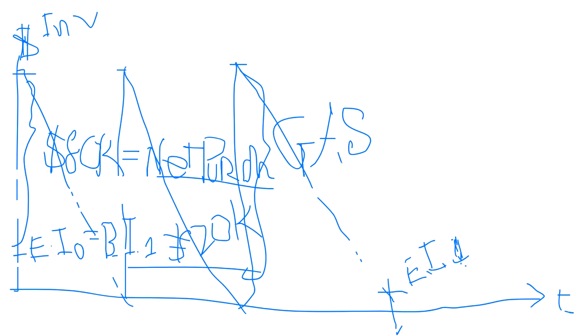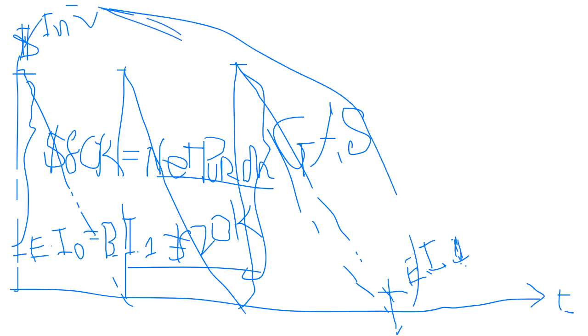That means ending inventory is 0. But this is what it looks like. If the inventory turnover ratio is 3, this is what has happened, right? Makes sense? Okay. So then next.